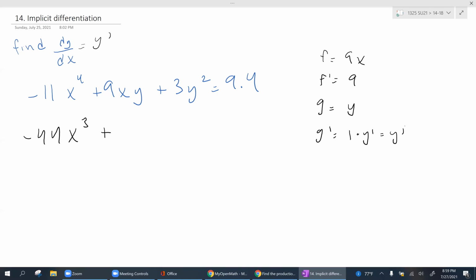Applying product rule is g times the derivative of f plus f times the derivative of g. So that's what I get.